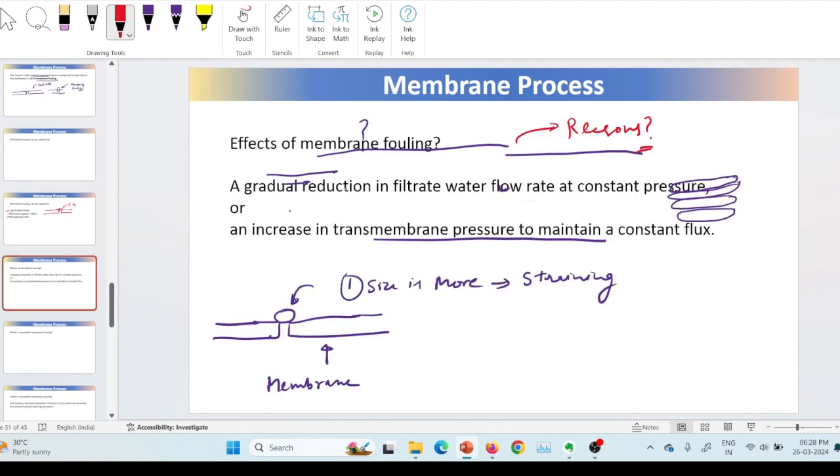What are the effects of membrane fouling? If membrane fouling happens, the effect is a gradual reduction in filtrate water flow. Filtrate water is nothing but permeate.